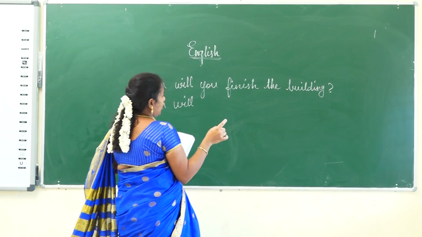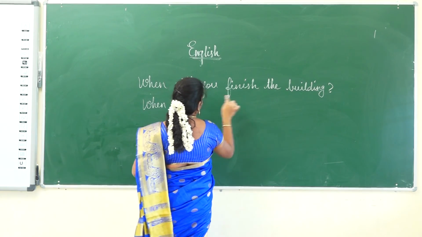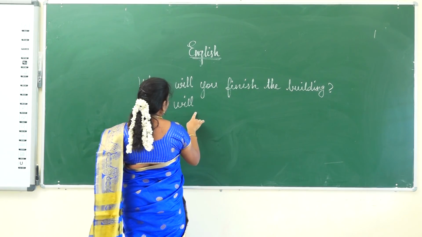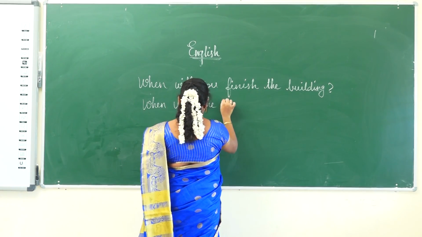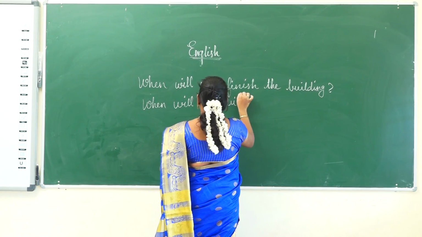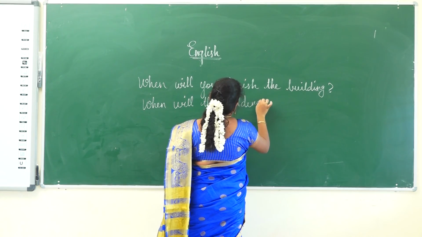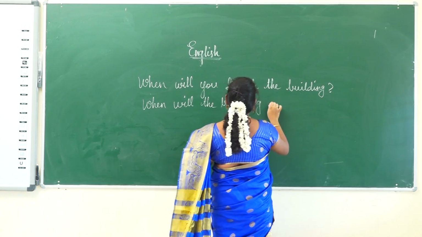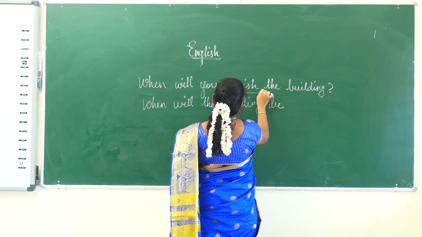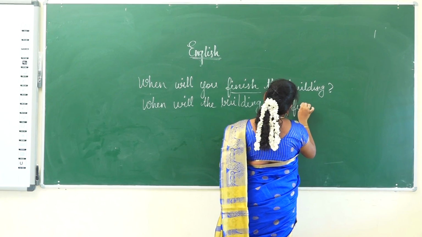The building is the object, it will come here and occupy the place of the subject. So, when will the building, after will what do we have to write? Be. So, when will the building be finished, finish will change into finished.